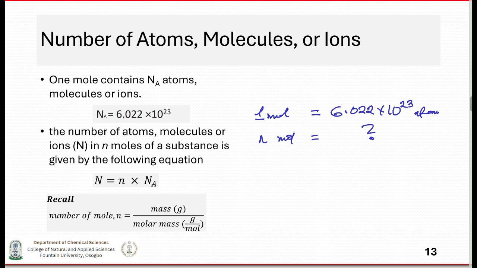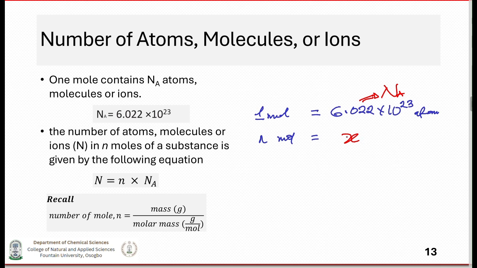If I change this question mark to X, I want to show you how we got this formula down there. Let's change this to X. And remember, this 6.022 times 10 to the power of 23 is Avogadro's number, which is N_A. So this is 1 mole.